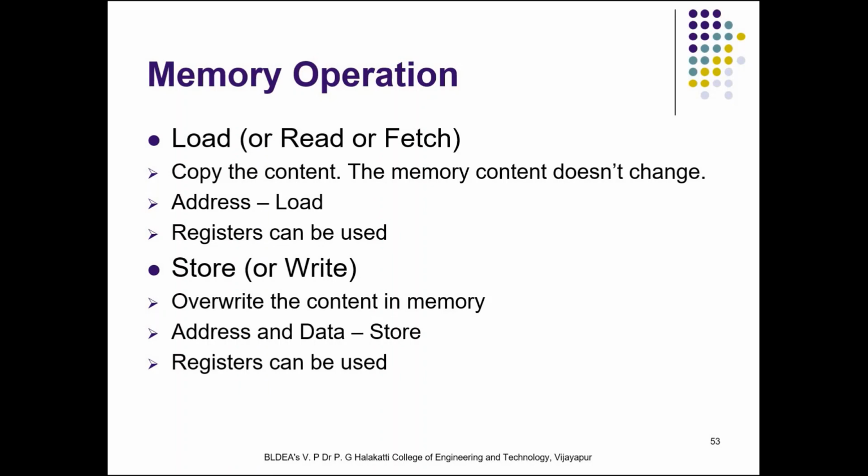Similarly we have the store or write operation. Whenever I use a store or write operation in my instruction, it overwrites the content in memory. It is not copying the content, but overwriting the content of the memory. Now the address and data are to be given, and we use the store instruction, and this can also be done using the registers which we can use in the instruction.